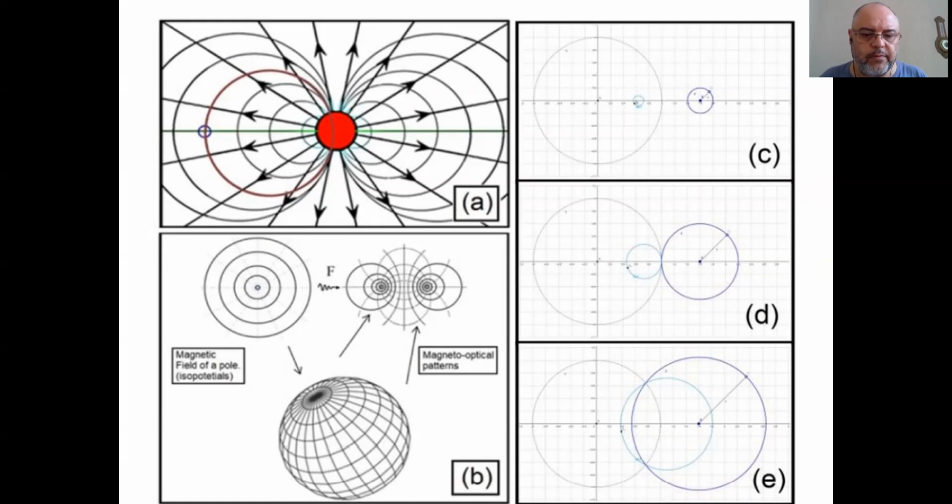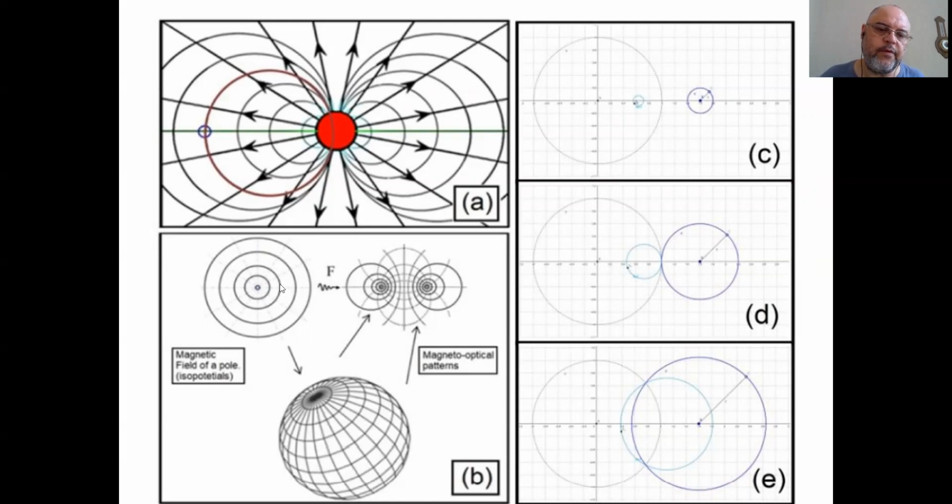And this happens when you have a sphere mapped in this way, and we have a transformation from this system of coordinates to a bipolar system of coordinates.